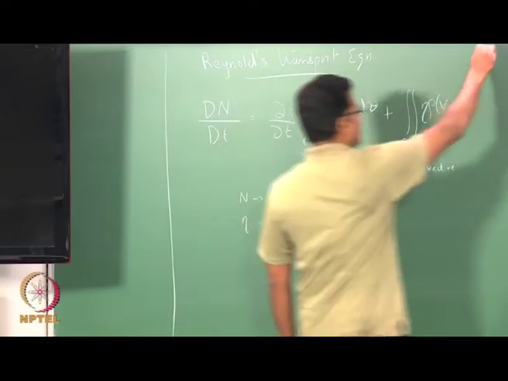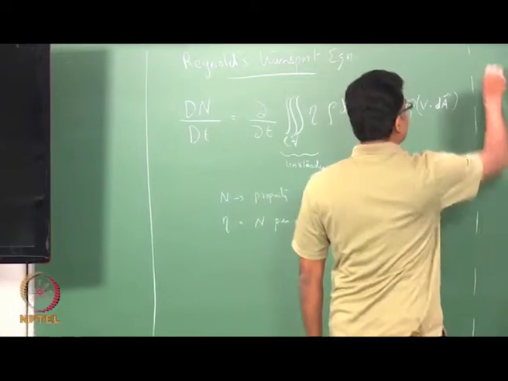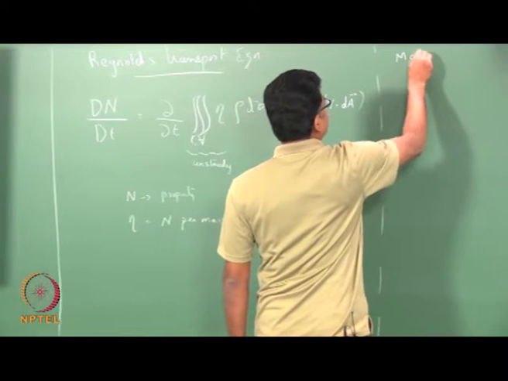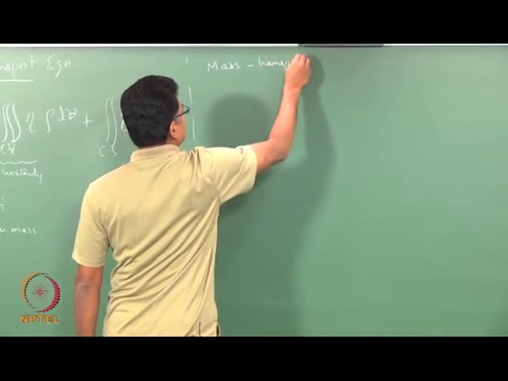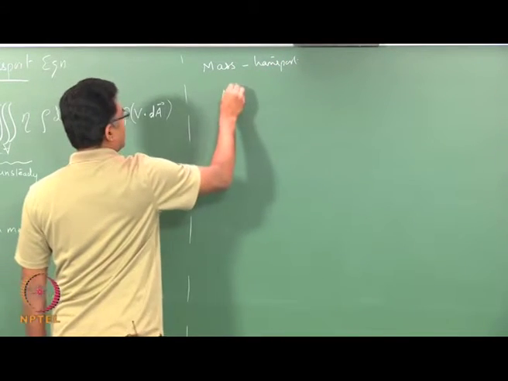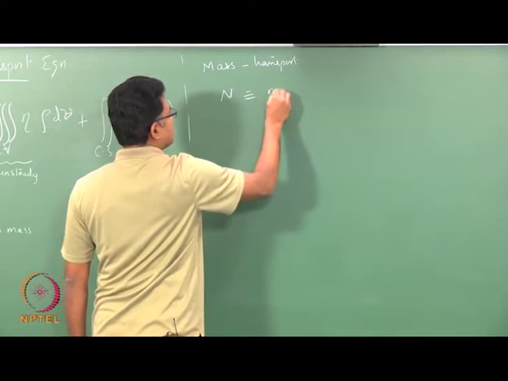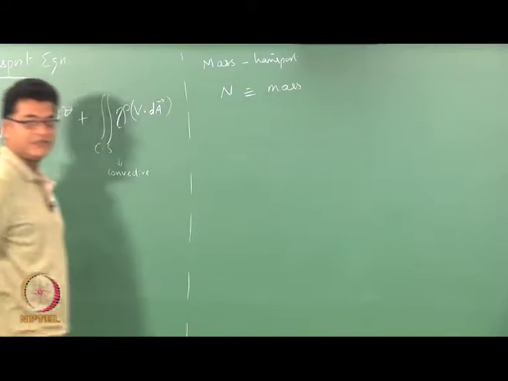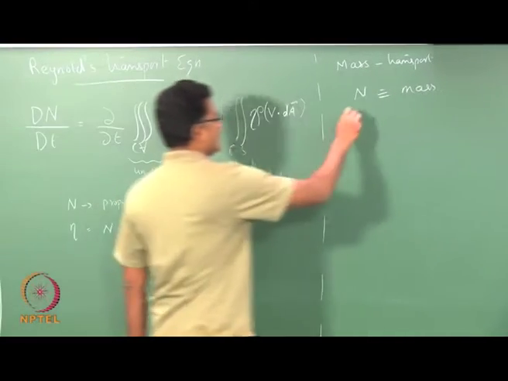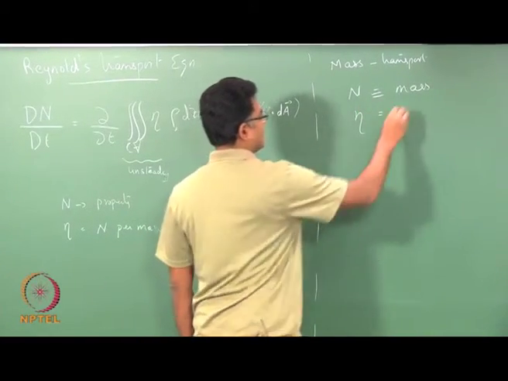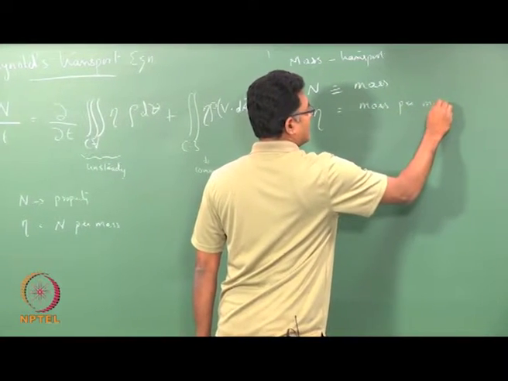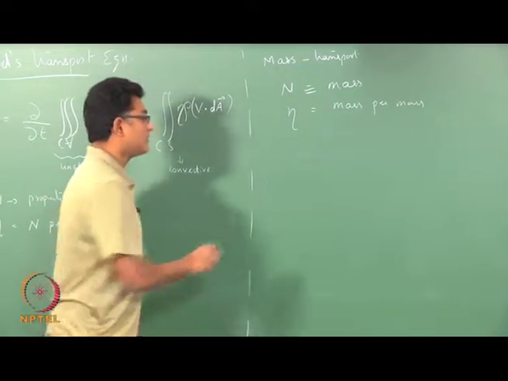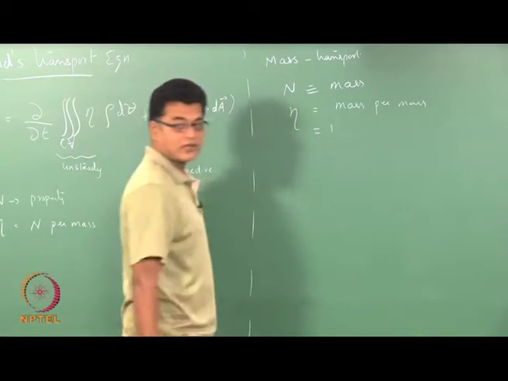So, if we are trying to find the transport of mass, N is the mass itself. So, eta is mass per mass, or this is 1.